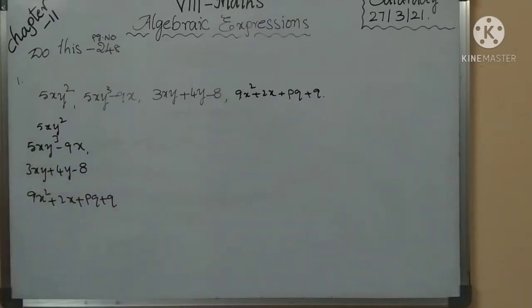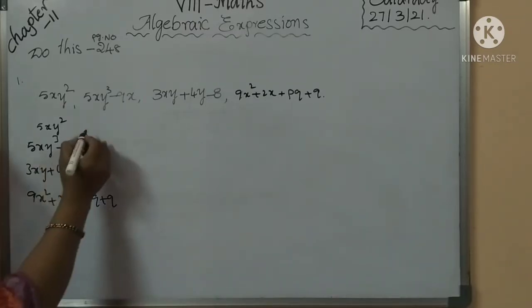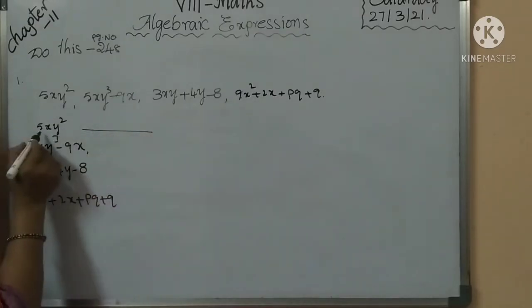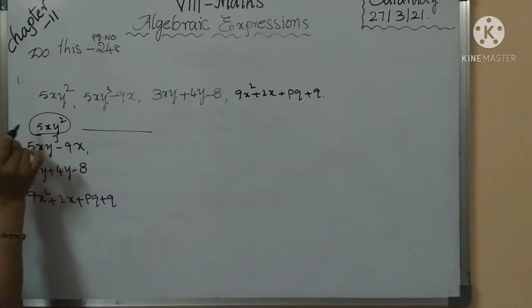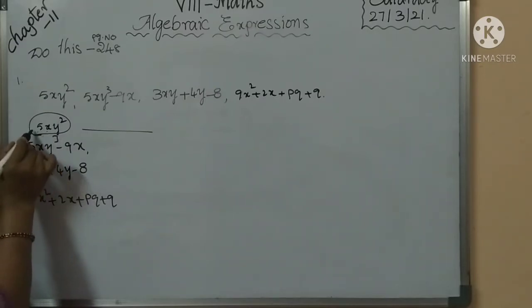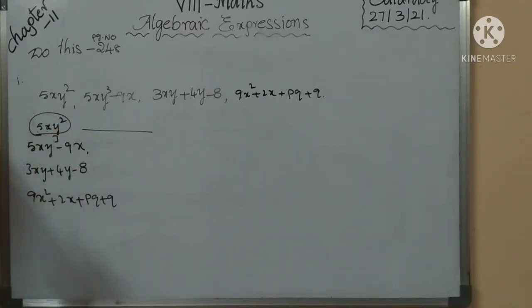So here we just find how many terms are there, just the identification of the terms. For example, in this problem only a single term is there. x and y are variables and 5 is the coefficient of xy, but in total it is a single term, one term.